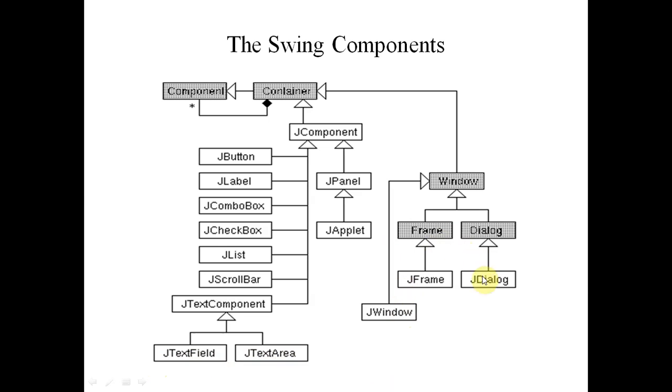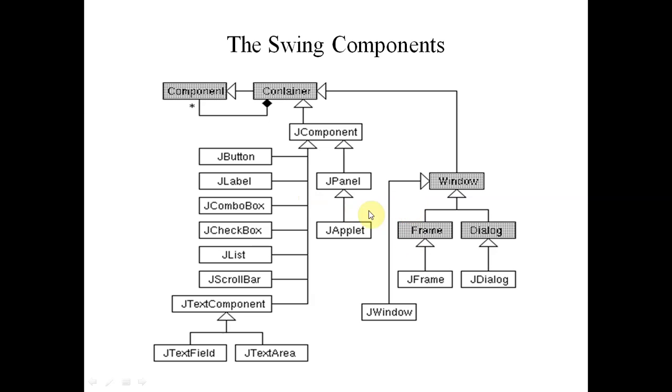Here the frame and dialog are two parts of the window. Inside window we can display frame and dialog, and in Swing we have JFrame and JDialog instead of frame, and JWindow for window, as well as JPanel and JApplet.